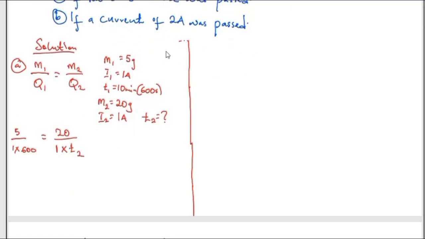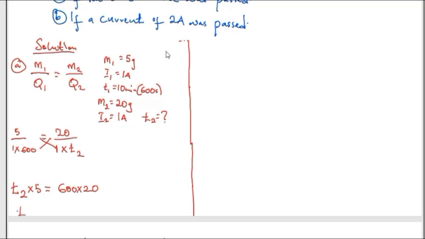So from here we cross multiply. We have our T2. Now 1 times T2 is T2, so we have T2 times 5 is equal to 1 times 600, which is 600, times 20.